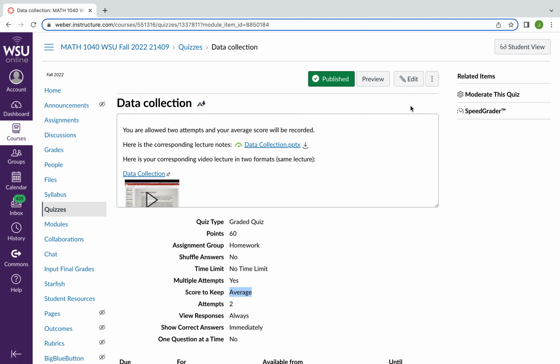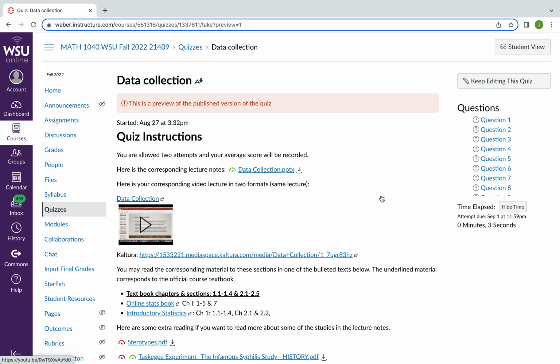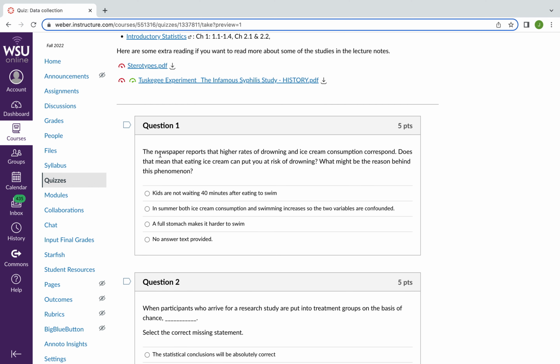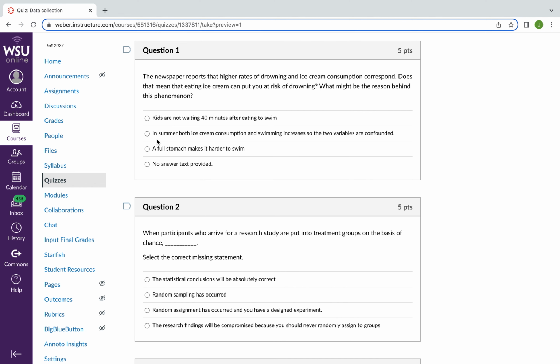So keep in mind this quiz is on data collection. And so here you have all the same information, and here are the questions that you're asked. So that's an example, and you need to select the most appropriate answer.